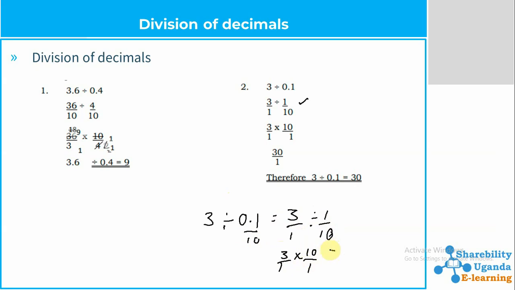So now here we shall get our answer. What is 3 times 10? 1 times 1. This is the same as 30 out of 1, which is the same as 30. Hope we are all together and we are following these steps. That's how we were able to come up with our 30. Is that right?